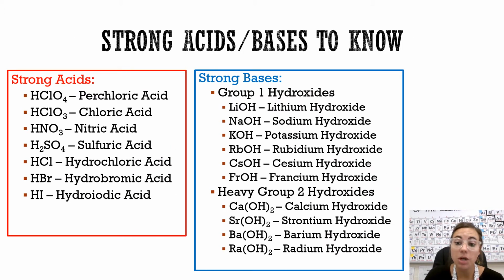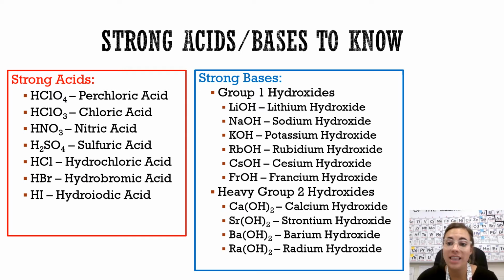So here are some common strong acids and strong bases, okay? The strong base list looks really long, but it's really just group 1 hydroxides and then the heavier group 2 hydroxides. Those are our strong bases. Our strong acids are perchloric acid, chloric acid, nitric acid, sulfuric acid, and then 3 of the halogens: hydrochloric, hydrobromic, and hydroiodic.